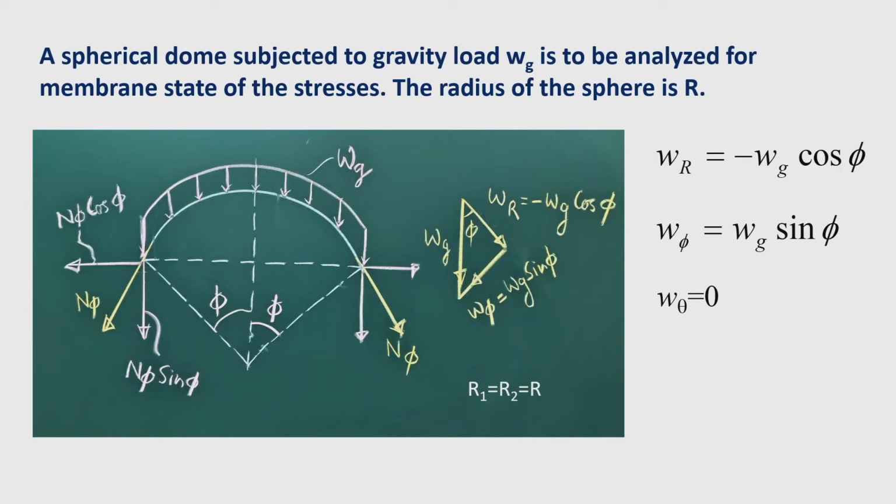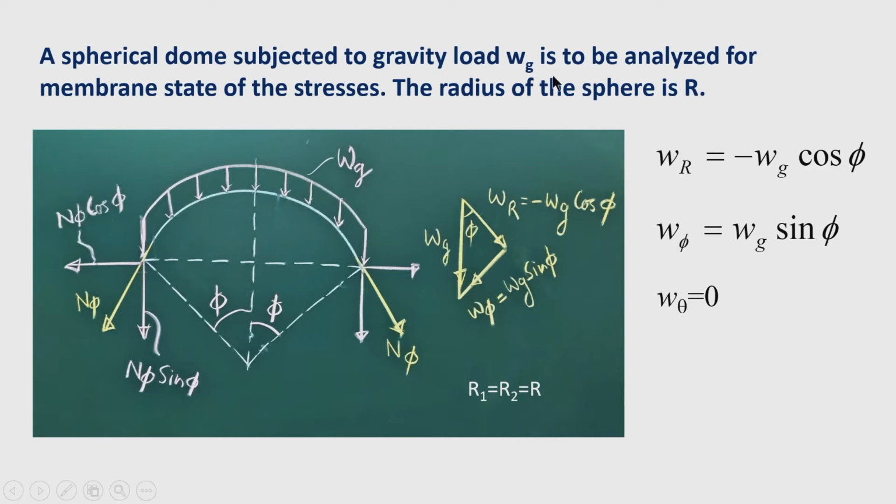With the 3 directional components added and equated to 0, we get the equilibrium equations. W g is the load acting vertically downward, but we have to resolve it along 2 directions, W r and W phi, because W theta is not taken here. The equilibrium equation along the tangent to the parallel circle is not applicable for the axisymmetrical condition.